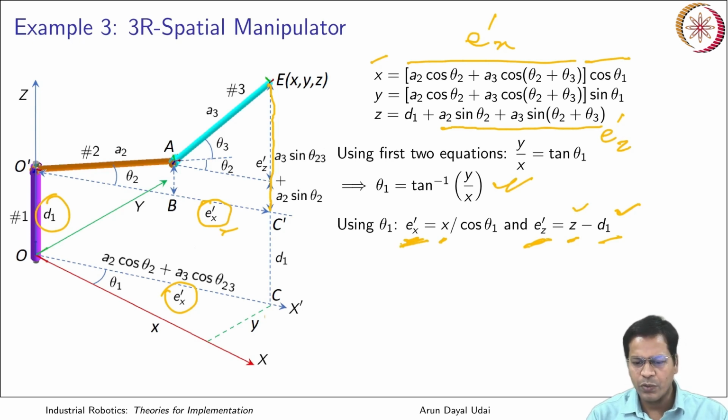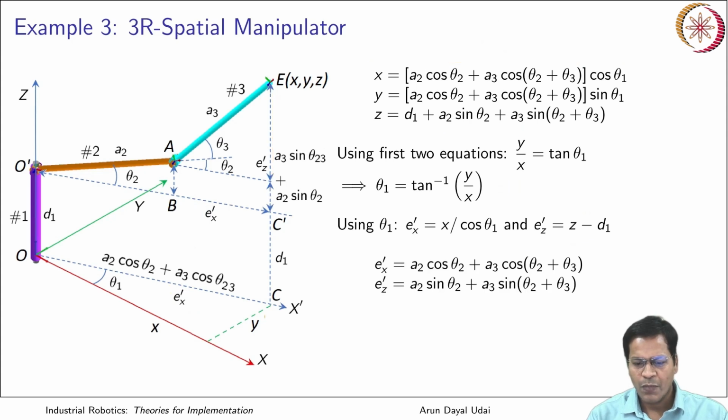Now you just look carefully. These are the two equations in which two unknowns are there, theta 2 and theta 3. Got it? And you already know X dash and Z dash. So can you recall your 2 degree of freedom system solution?